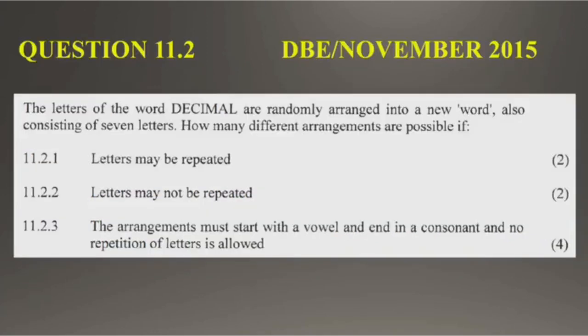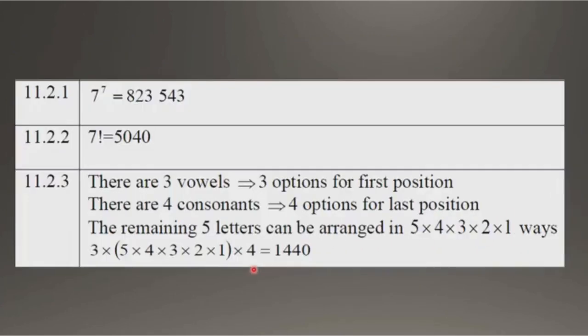Now, question 11.2.3 says the arrangements must start with a vowel and end in a consonant, and no repetition of letters is allowed. Well, that's quite easy. There are 3 vowels and therefore 3 options for the first position. There are 4 consonants and therefore 4 options for the last position.